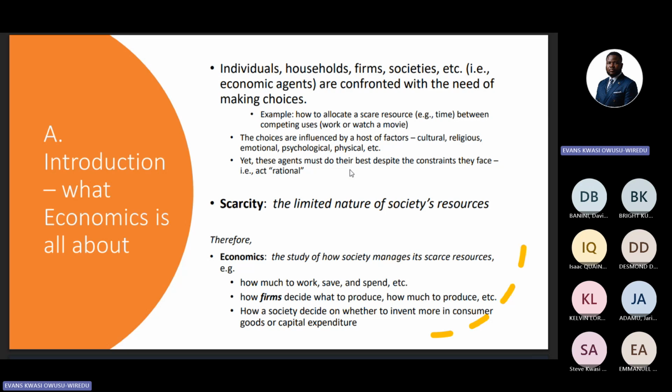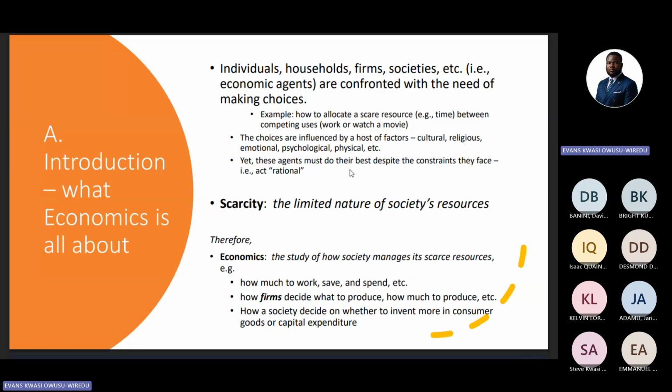Economics is simply the study of how we manage our scarce resources to meet our needs and wants. On the slide, you see the study of how society manages its scarce resources.